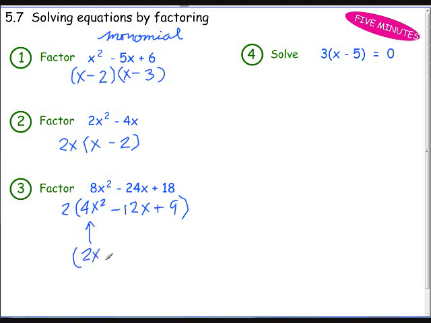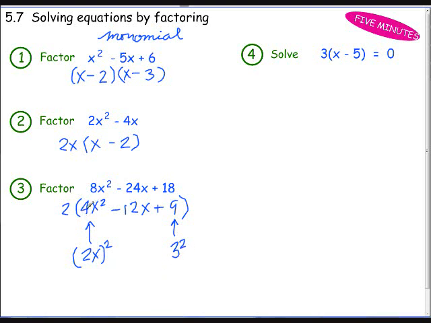2x squared will equal 4x squared, and 3 squared will equal 9. This should give you some suspicion that you may have a perfect square trinomial. How are you going to test this?